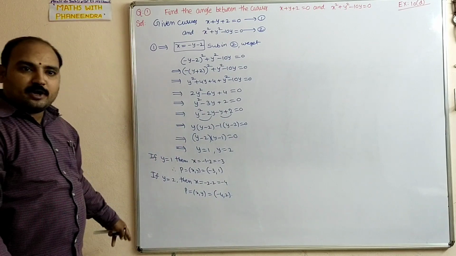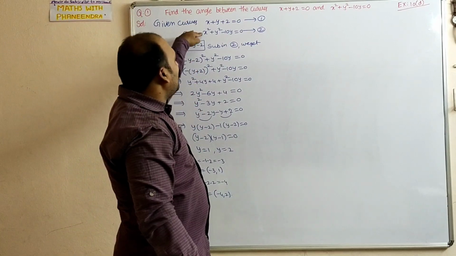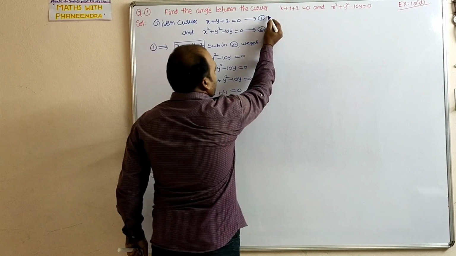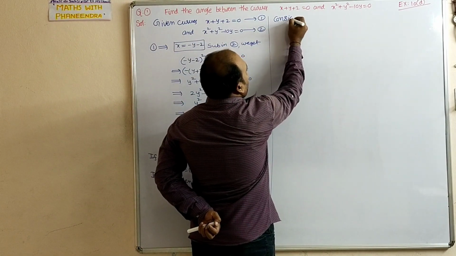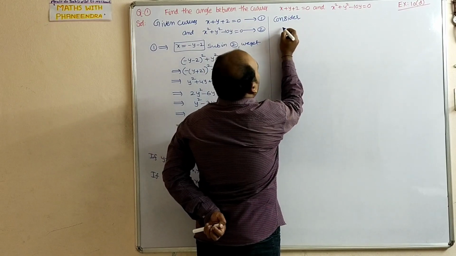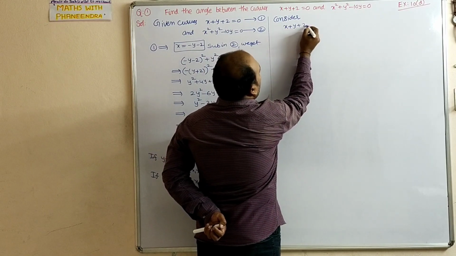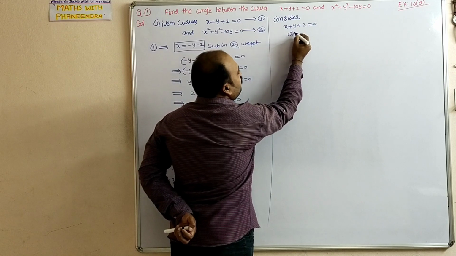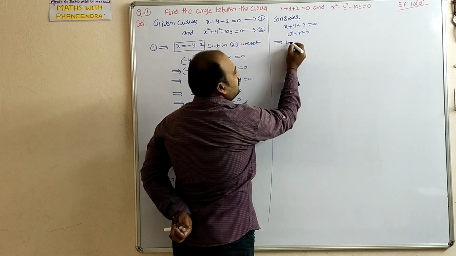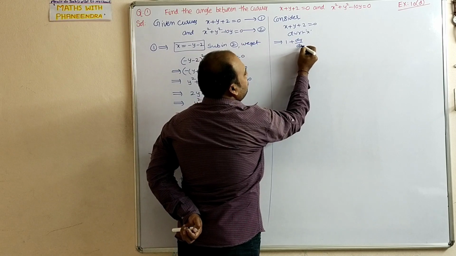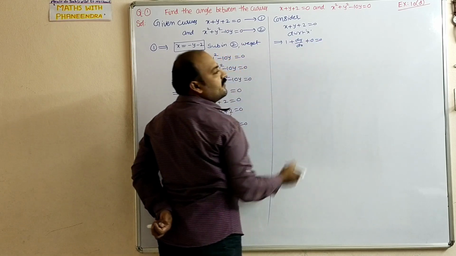So after getting the point of intersection, we need to calculate their slopes. So consider first curve, x plus y plus 2 equal to 0. Differentiate with respect to x. dy dx of x is 1 plus dy dx of y is dy by dx, dy dx of constant derivative is 0.